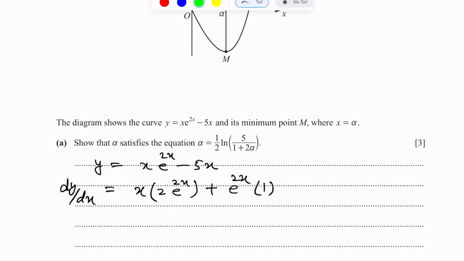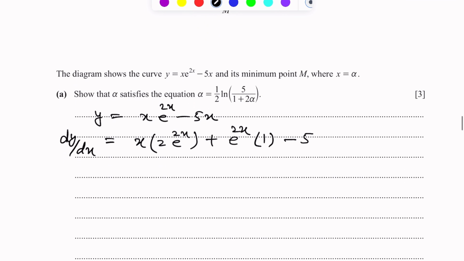This is the differentiation of the first term, product rule, and the differentiation of minus 5x is minus 5. So dy over dx is 2x e power 2x plus e power 2x minus 5.